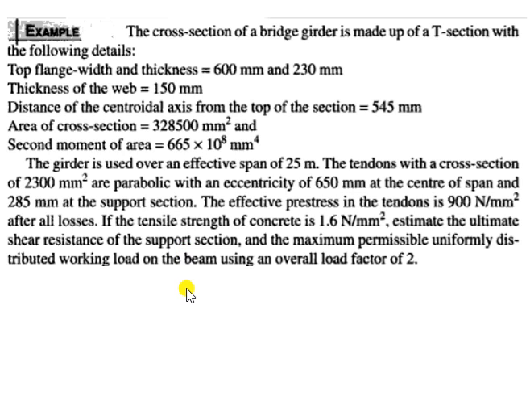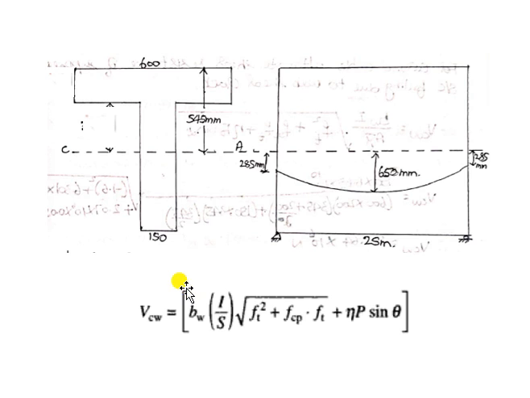So let us see the cross section and details of the given member. Here it is the cross section of the member. It is given that the girder is a T section, which has a flange width of 600 mm and a flange thickness or depth of 230 mm.